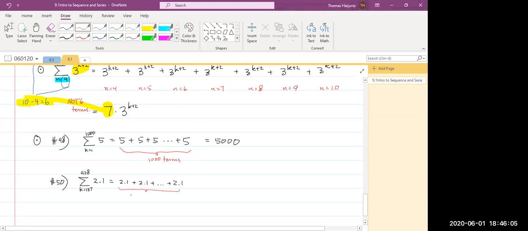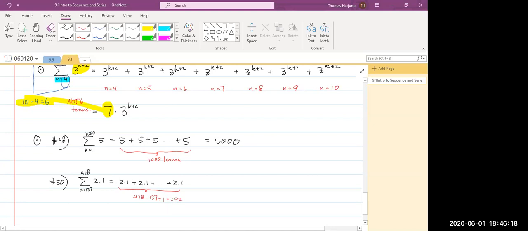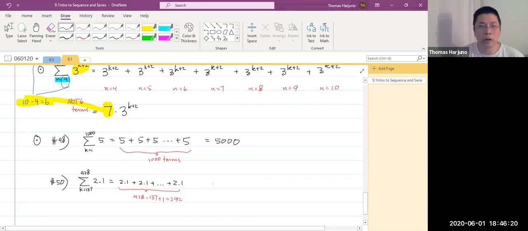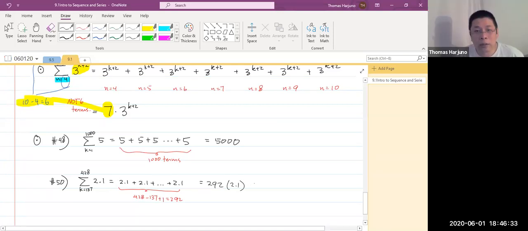How do you get that? 428 minus 137 plus 1. Okay, that's 292, you say? 292. So the sum here will be 292 times 2.1, right? I get 613.2.